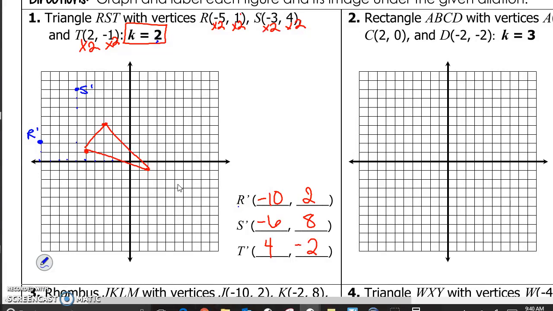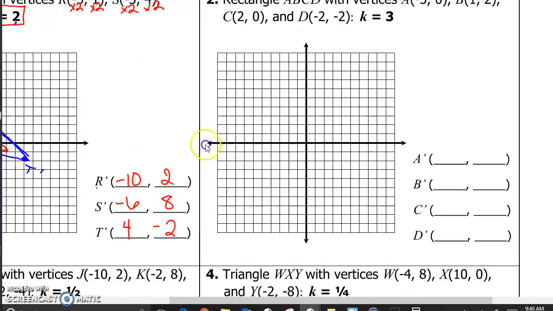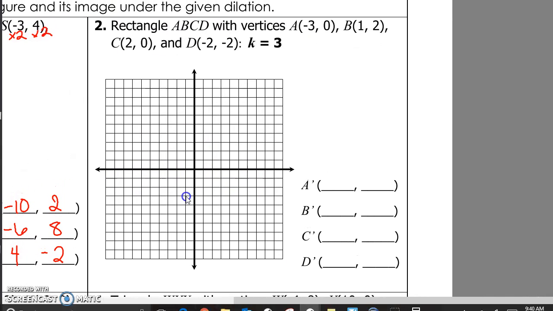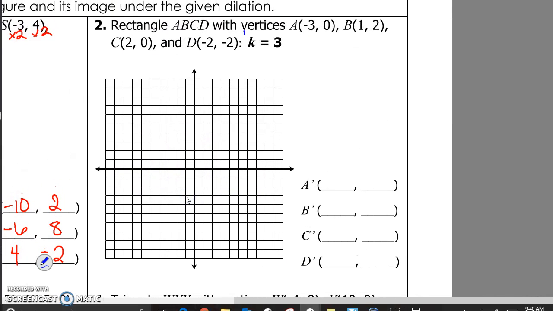And then T is at 4, -2. So we just basically doubled the size of that triangle. Great. Moving on to number 2, you have a rectangle that you're going to have a scale factor of 3.